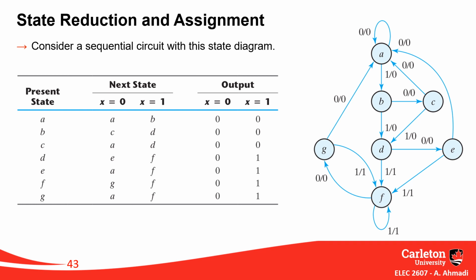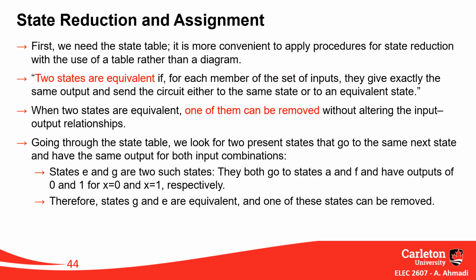To find equivalent states to be combined together, I have to look into transitions between these states. Okay. First, we need the state table. It is more convenient to apply procedures for state reduction with the use of a table rather than a diagram. In a diagram, it might look confusing to follow state transitions.